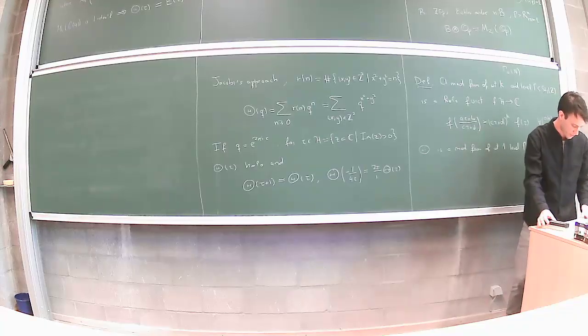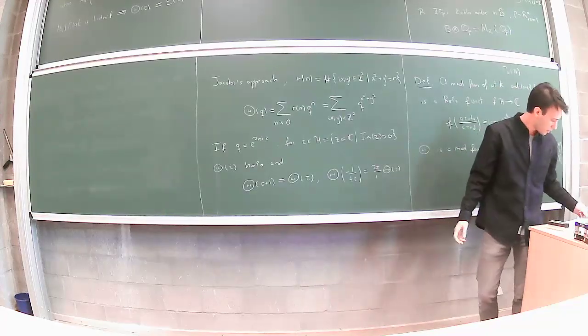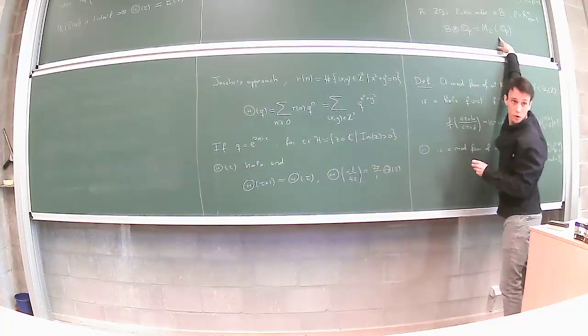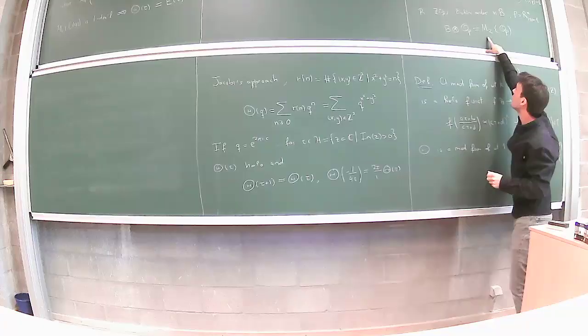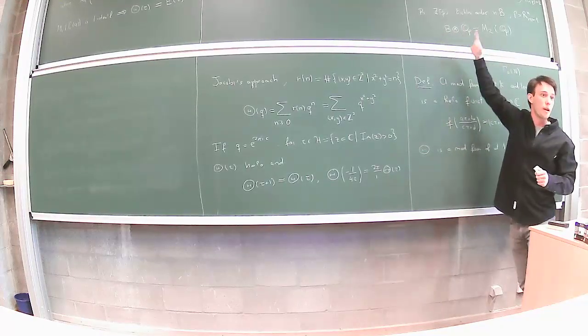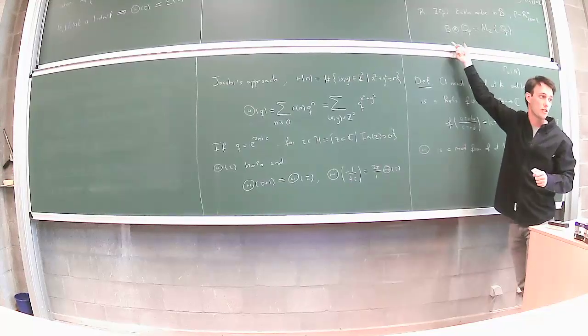Yeah, thanks. Perfect. So the key thing about B tensor QP being M2QP is that now we can make B star act on the p-adic upper half plane by Möbius transformations.